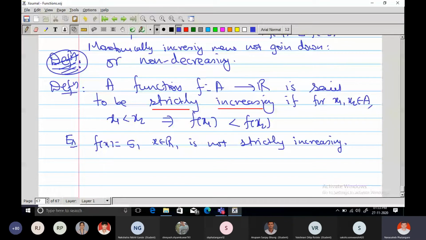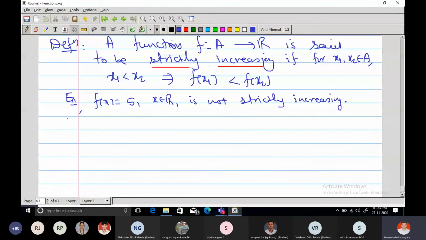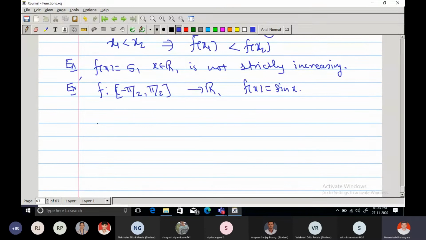If I define a function from minus pi by 2 to pi by 2 to R, where f of x is equal to sine x, is it increasing? Yes or no? What is the answer?